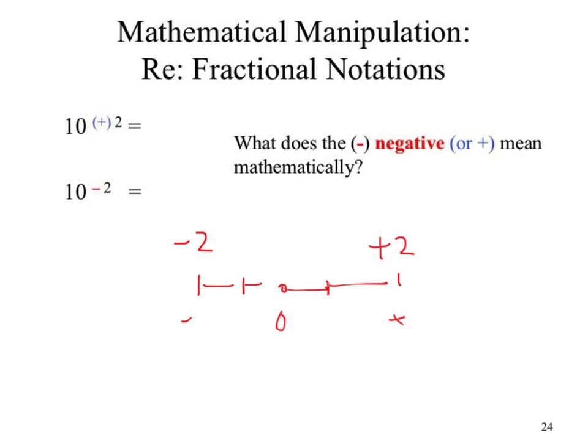When I have a 10 to the minus 2, is it really a direction anymore? Turns out, yes, it is, but it's a direction in a different sense. That minus sign means run the calculation, just like here, run the calculation, move 2 units, but move those 2 units to the left.